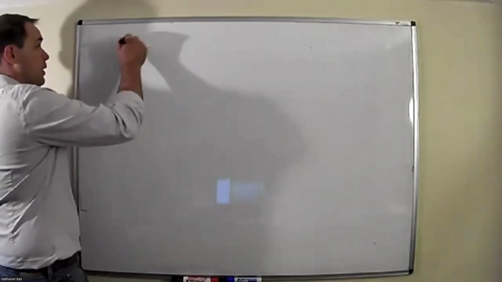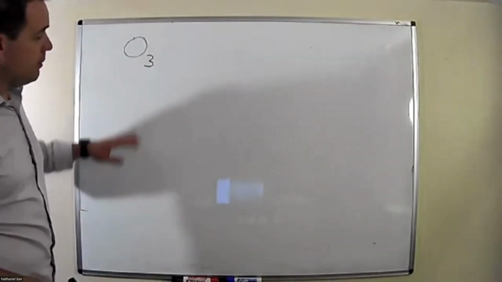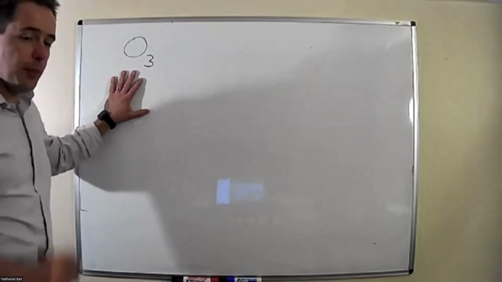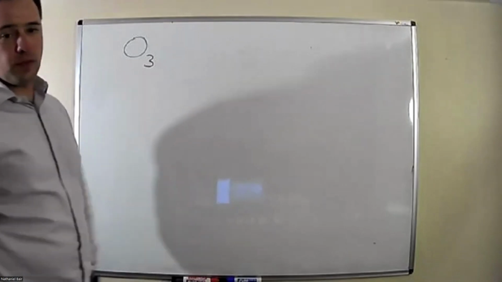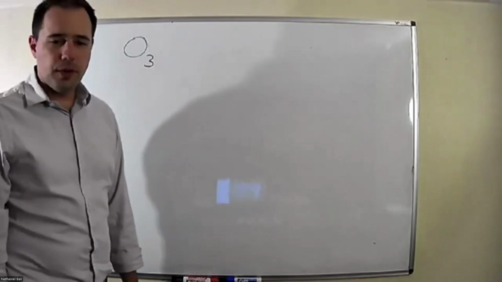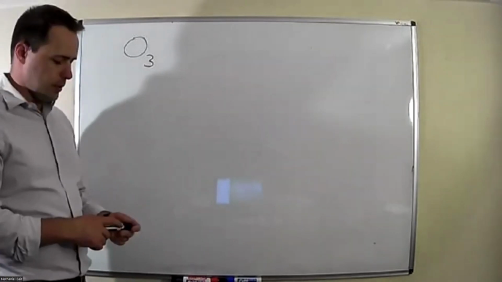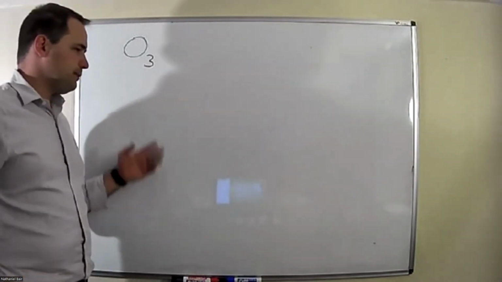Let's talk about this. This is an incredibly important little molecule right here. This is an elemental form of oxygen that exists in the upper levels of our atmosphere called ozone. So this is ozone. We were doing a number on this with our aerosols and our carbon tetrachlorides, the CFCs.